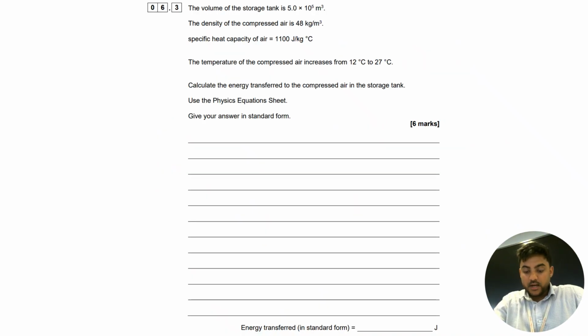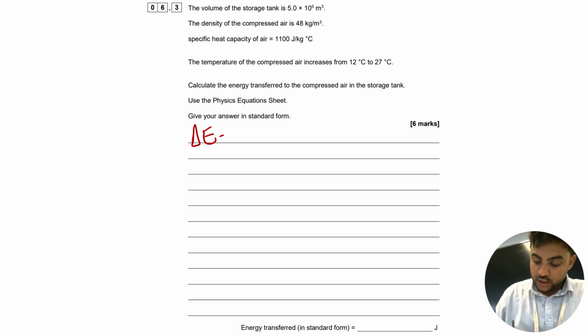So, we have been asked to calculate the energy transfer to the compressed air in the storage tank when the temperature of the compressed air increases, and we've been given the volume, the density, and the specific heat capacity. First of all, the formula that we need is change in energy is equal to mass times specific heat capacity times change in temperature.